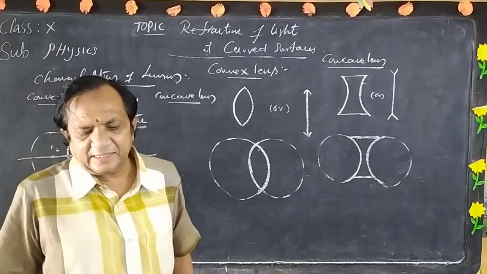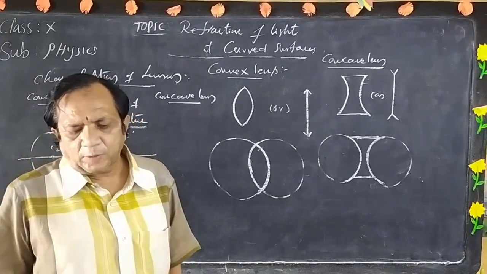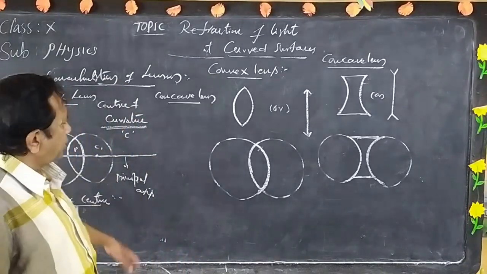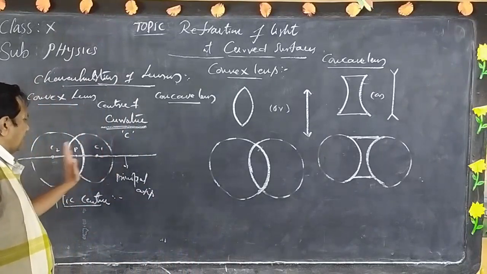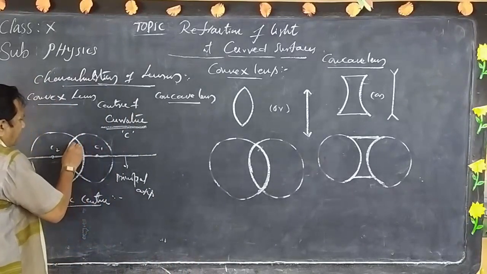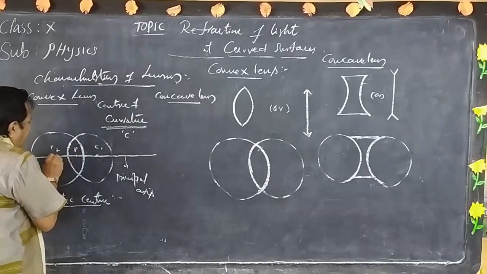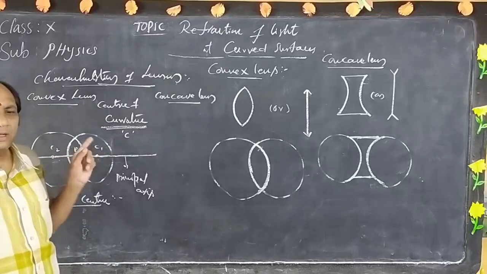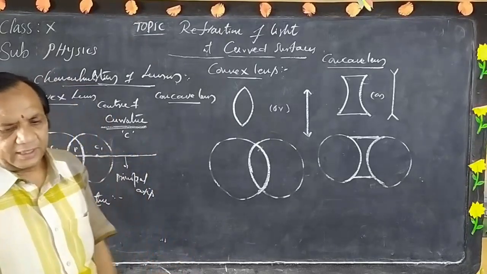The principal axis of a lens is a line passing through the optic center of the lens and perpendicular to both surfaces of the lens.